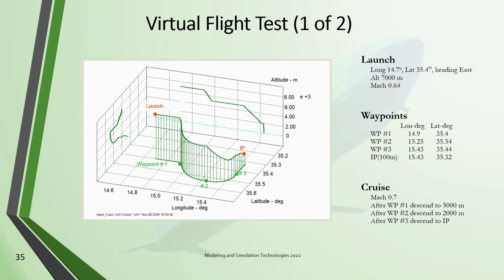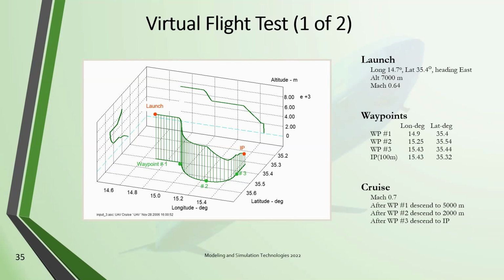And what I give the students is a test flight trajectory. You see it here in 3 dimensions: launch through 3 waypoints to the IP. On the right-hand side, you see that the launch is started at Long Lat and heading east at an altitude of 7,000 meters, and we launch it at Mach 0.64.